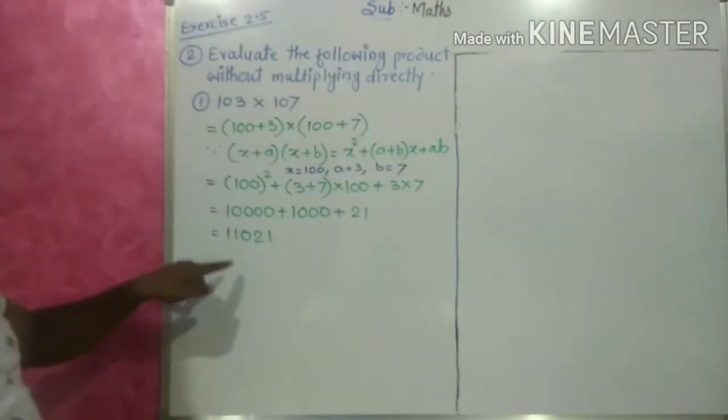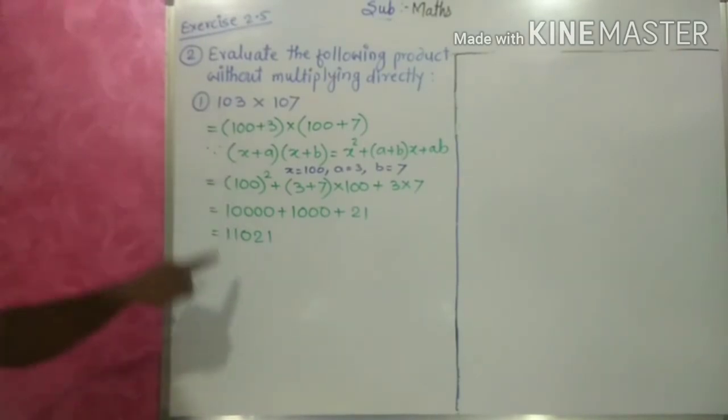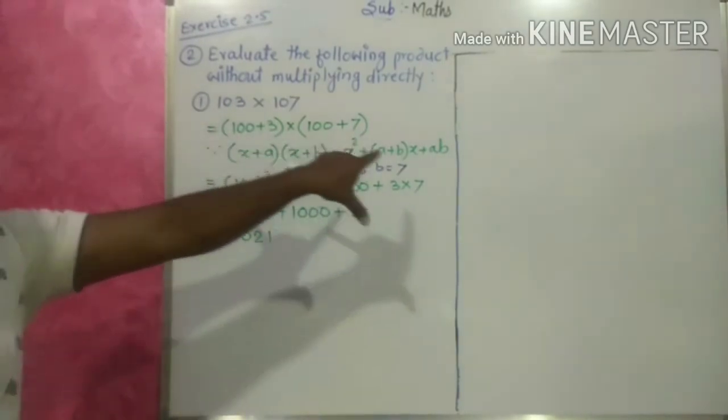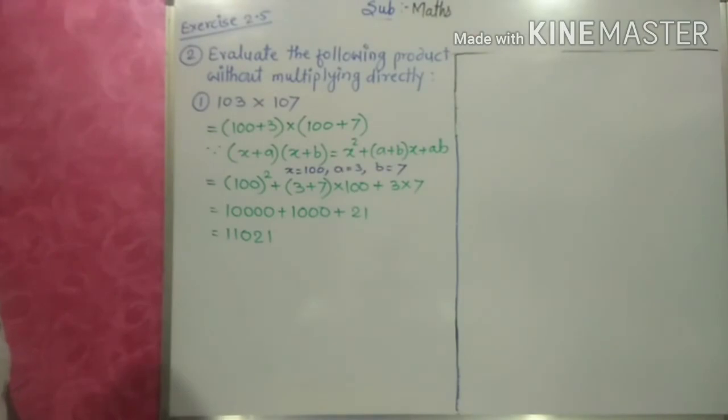We did not multiply directly. So what we use? That we wrote in the form of identity. Clear, student?